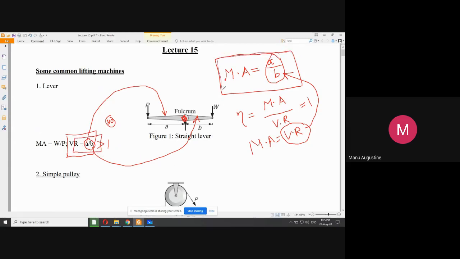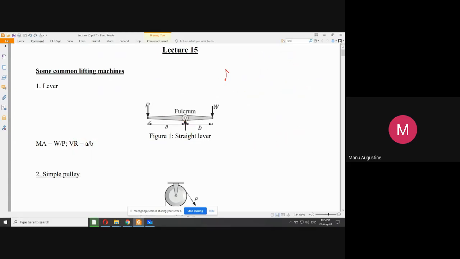This equation will change. Mechanical advantage will no longer be represented by A by B, but velocity ratio remains A by B if you introduce friction here. Okay, so this completes your simple lever.